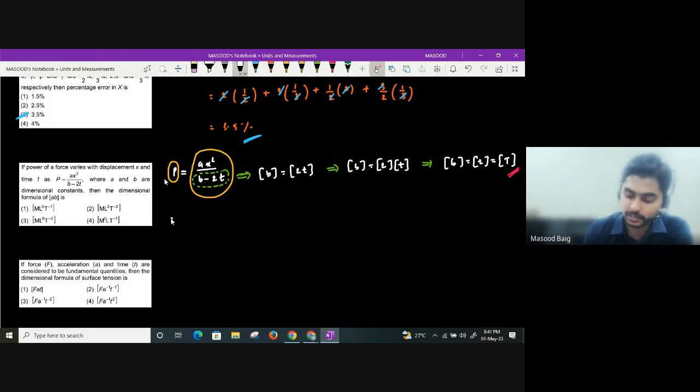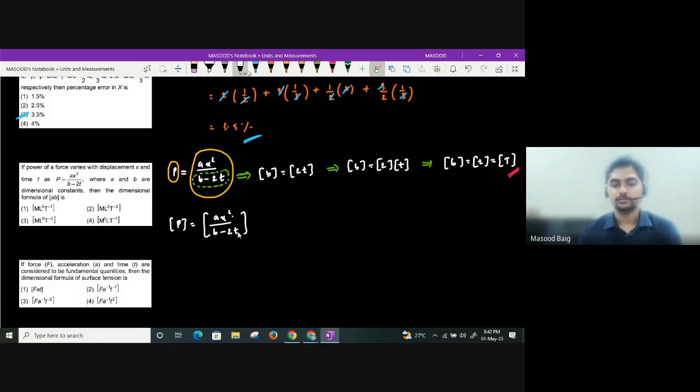So what I can write here, dimensions of P will be equal to dimensions of ax square divided by b minus 2t. See, suppose if this anyhow is time, this is automatically again going to be time only or not. So I can write it as dimensions of ax square divided by b, or I can write it as dimensions of ax square divided by 2t also.